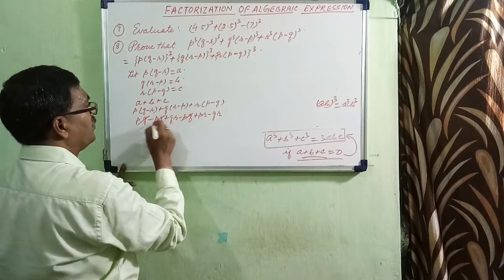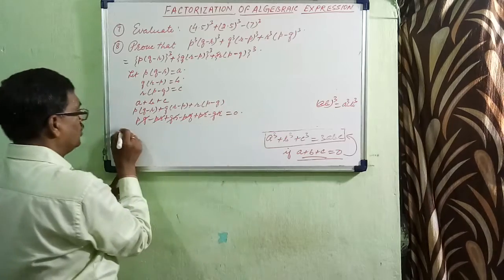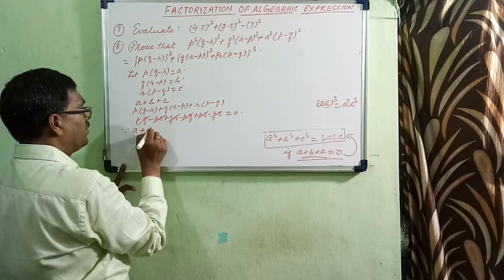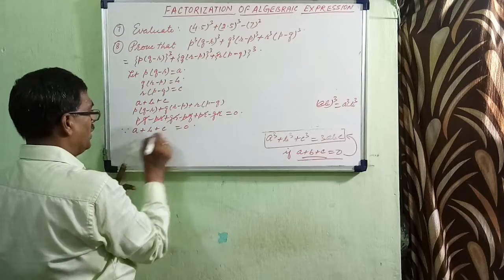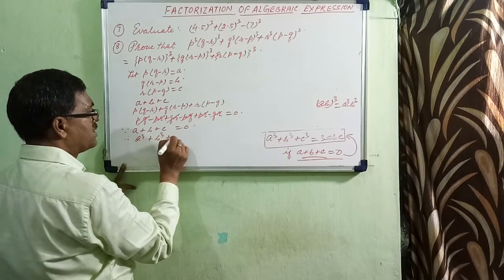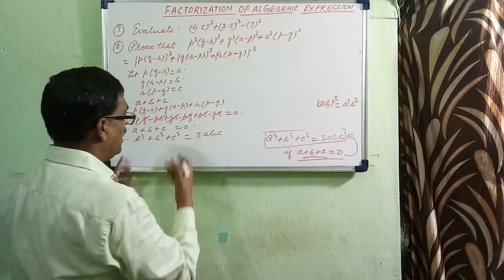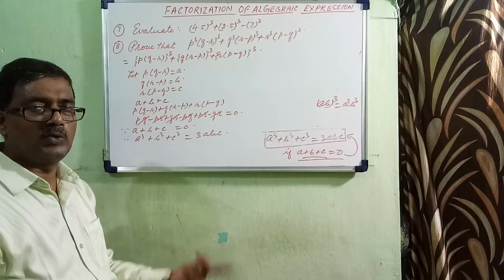PQ, PQ cancel, PR, PR cancel, QR, QR cancel, is equal to 0. So since A plus B plus C is equal to 0, therefore A cube plus B cube plus C cube is equal to 3ABC, and simply substitute the values of A, B, C, you will get the result.